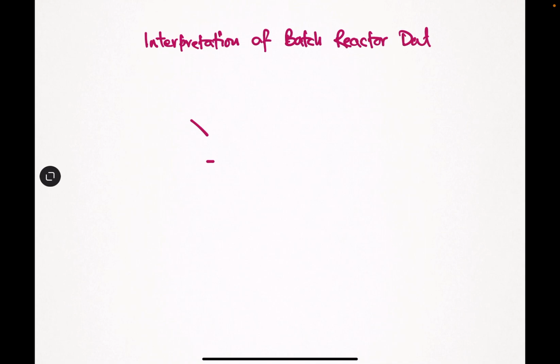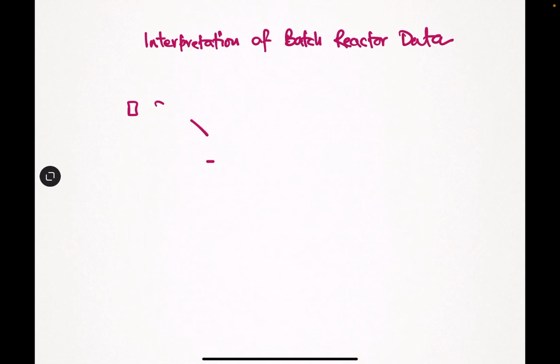So the objective of this chapter, the title of this chapter, let me write it down: Interpretation of batch reactor data. And what we'll be doing, we'll be looking into the process.